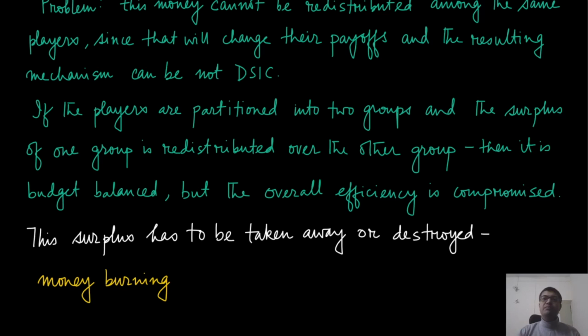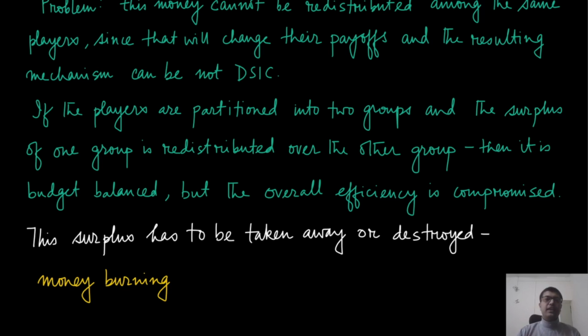In some cases, it may not be possible to do that, because there is only one decision to be taken, such as just the public project. But if you have object allocations, then maybe you can do it in partitions. But because it is not efficient overall, you already lose the property of efficiency in VCG.